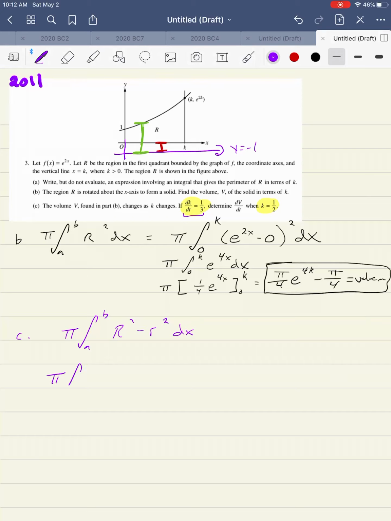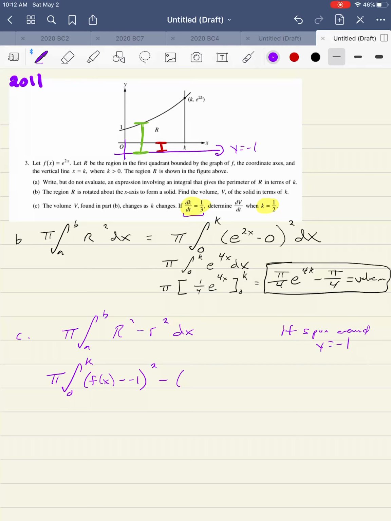So it'd be pi integral from 0 to k, if I spun around y equals -1. The big R would be the outer curve, f of x minus your center of revolution, which is -1, squared.